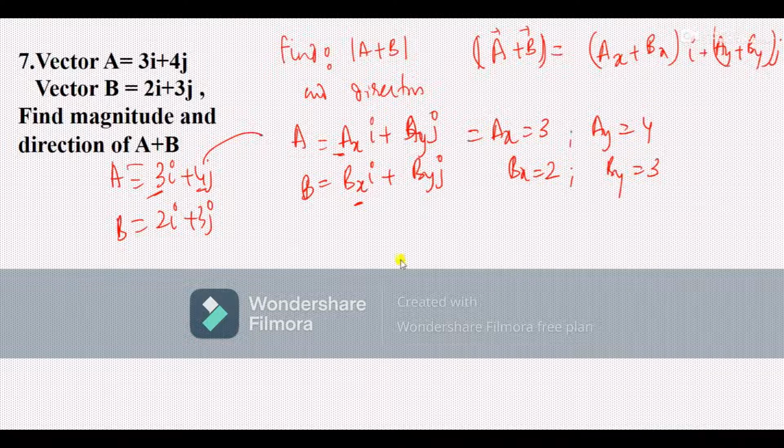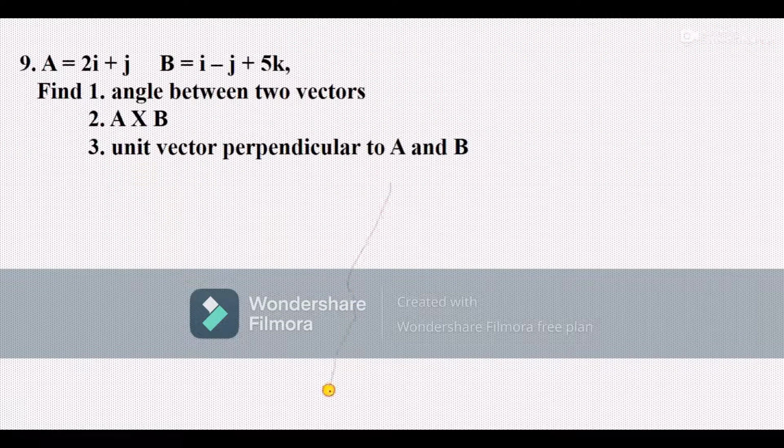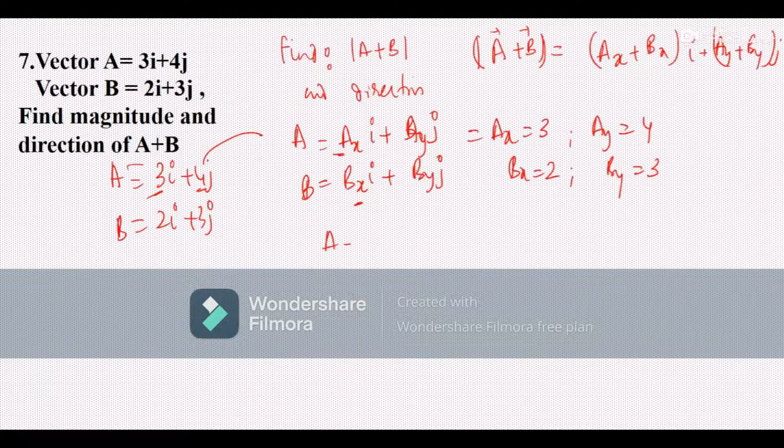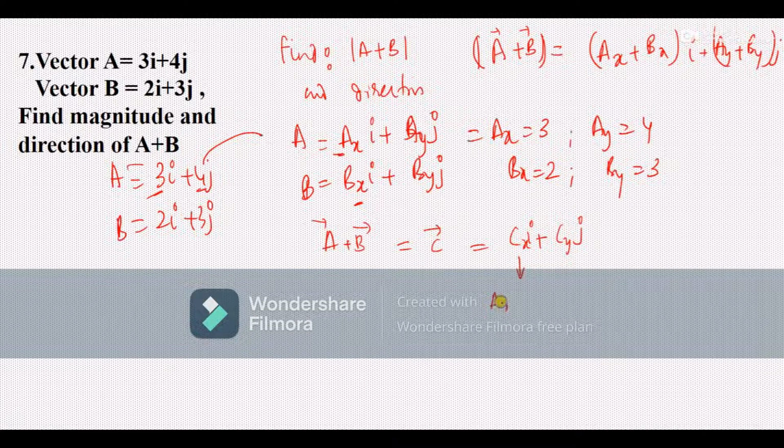So directly we substitute into the above equation of A plus B. This has been represented by one more vector, writing A plus B vector as C vector.